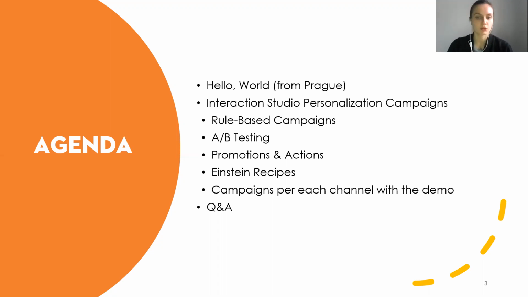You can set up promotions and actions, Einstein Recipes for product recommendation, and then most of this session will be dedicated to showing you campaigns that you can set up for different channels in Interaction Studio. So this will be covered both with theory from presentation slides as well as some demo from the test account of Interaction Studio. And to close the session, we will have a small Q&A.